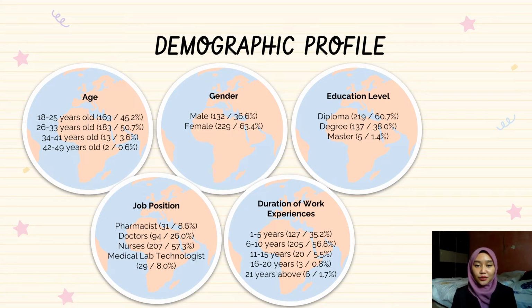Third is education level, which is diploma, 219 or 60.7%. Fourth is job position, which is nurses, 207 or 57.3%. Then duration of work experience comes from 6 to 10 years, which is 205 or 56.8%.